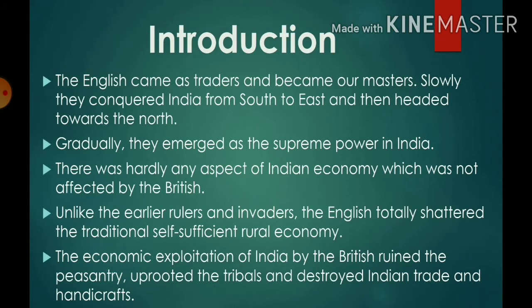Students, in the previous chapter we have discussed the British East India Company, and the many wars fought between the British East India Company and the Indian kings and princes, and how the British East India Company won in every war, and how they conquered India from south to east and headed towards the north.